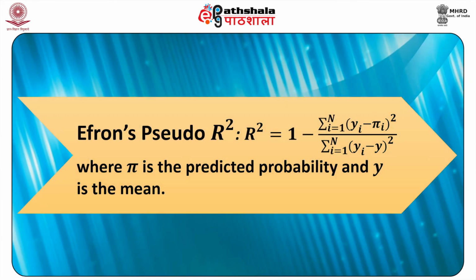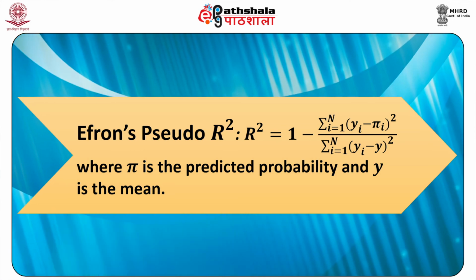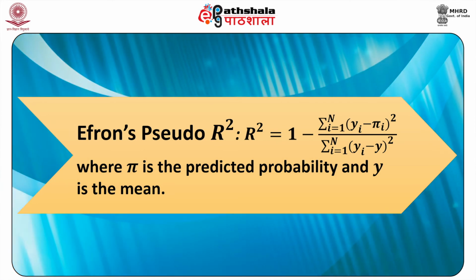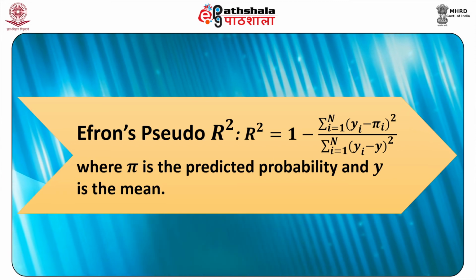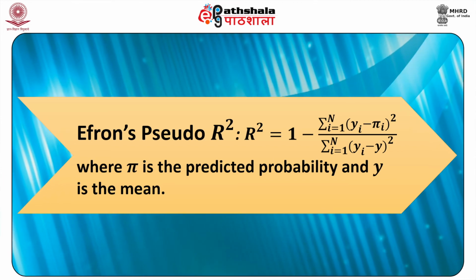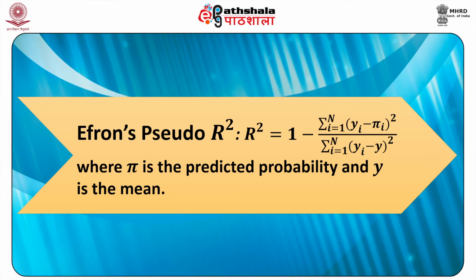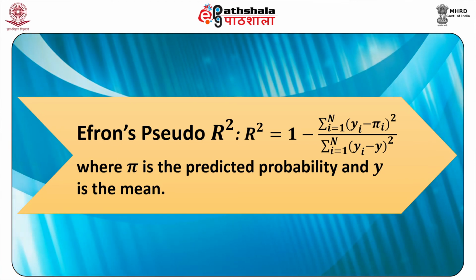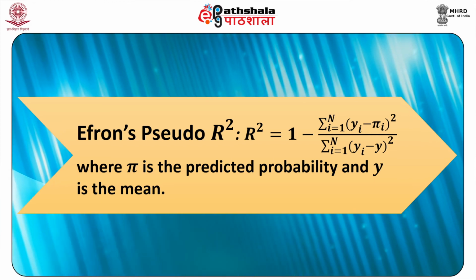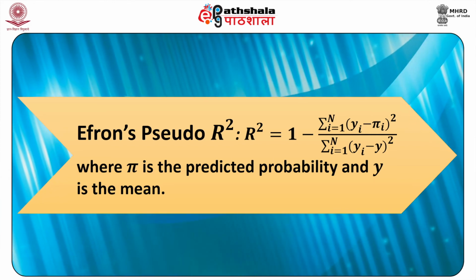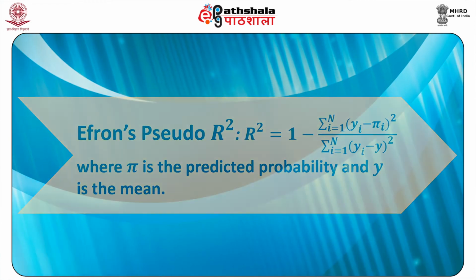We can explain the commonly used pseudo R squares. Efron's pseudo R square is equal to 1 minus the sum over i from 1 to n of (yi minus phi i) squared, upon the sum over i from 1 to n of (yi minus y bar) squared, where phi i is the predicted probability and y bar is the mean.